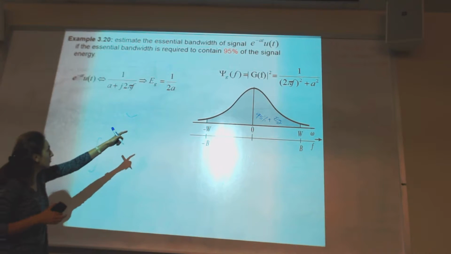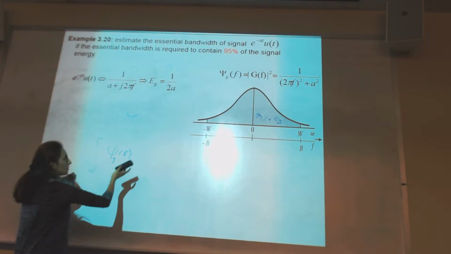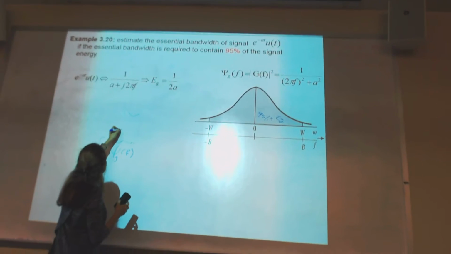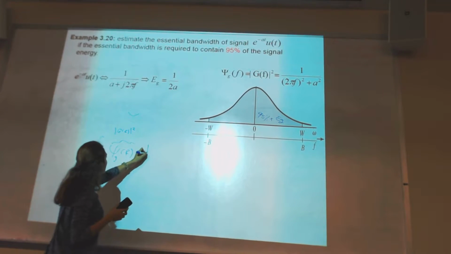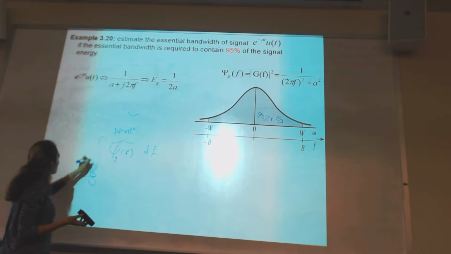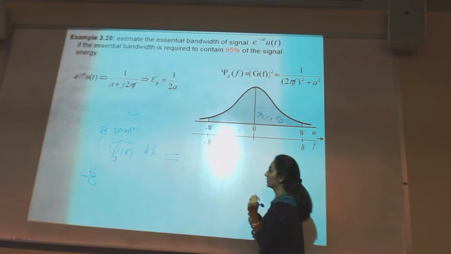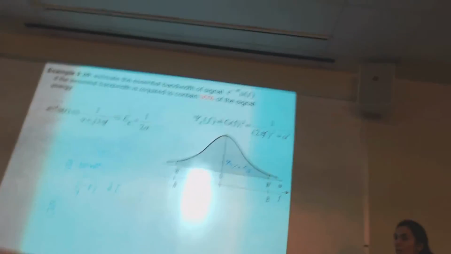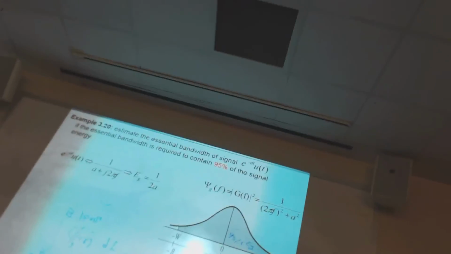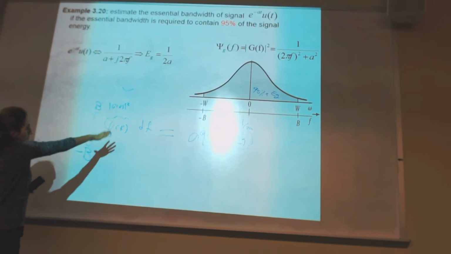So take the integral of this thing, the magnitude squared, from some minus b to b that I'm going to find out, and this should be equal to 0.95 of the whole energy, and we know it's 1 over 2a. So we just have to take an integral.